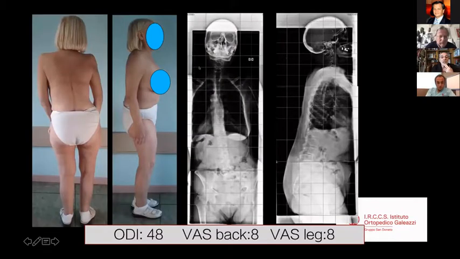This is the final step of this kind of de novo scoliosis. Here you can see very well kyphosis in lumbar area, pelvic retroversion, lordosis in thoracic area, and you can see also a flexion of the knee because of the extension of the hip.